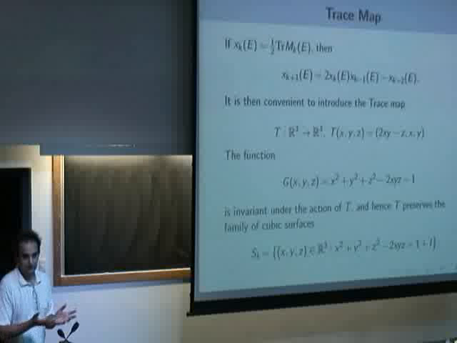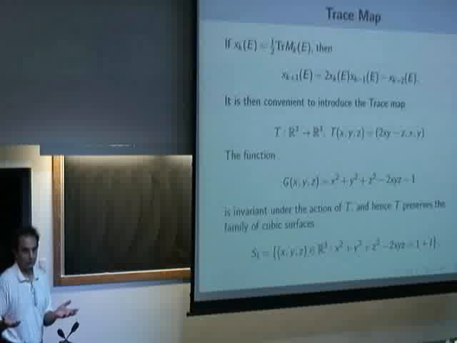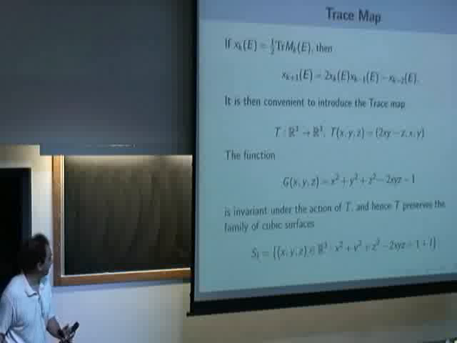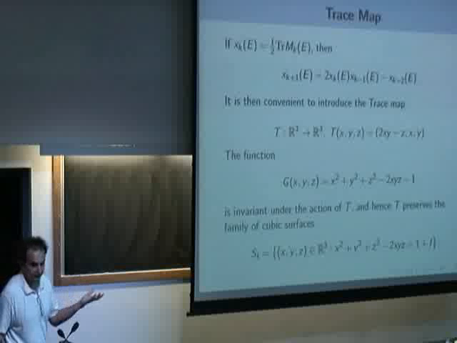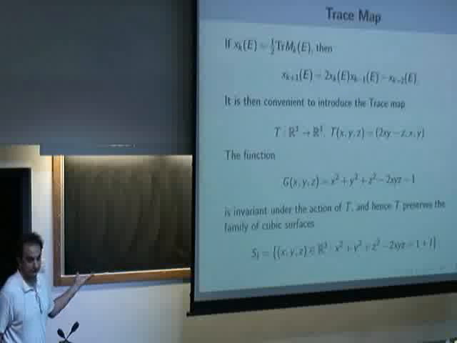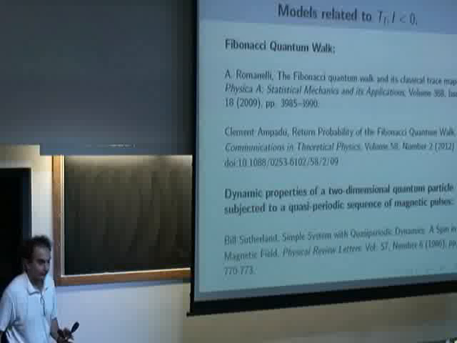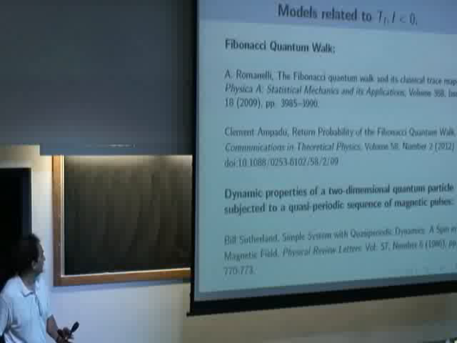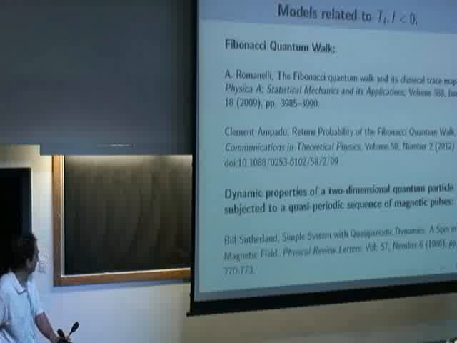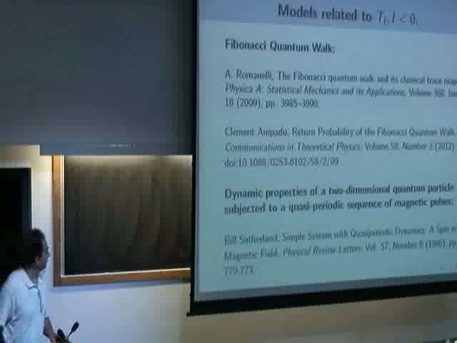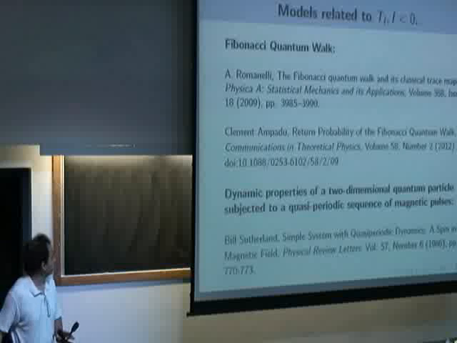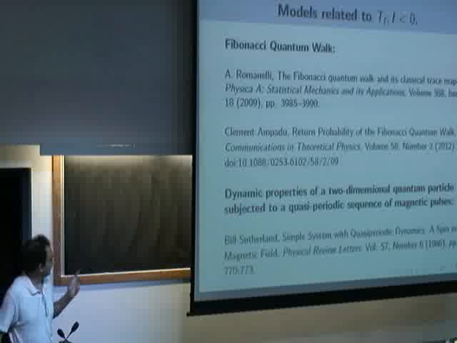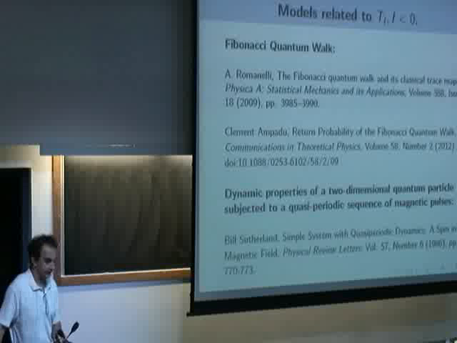But the question is, are there any actual models that can provide a necessity to consider the dynamics on those surfaces? The answer is yes, and there are many of them. One of them was suggested initially by Sutherland and then used by Romanelli to relate the properties of the so-called Fibonacci quantum walk with the dynamics.